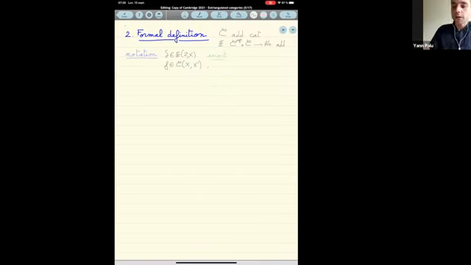So here, delta is represented by a short exact sequence or conflation X, Y, Z, and F is a morphism from X to X prime.